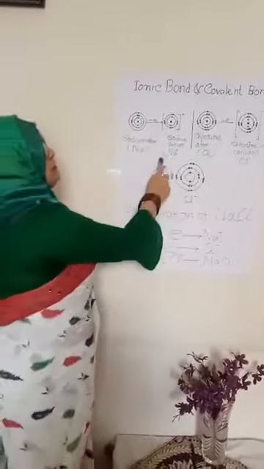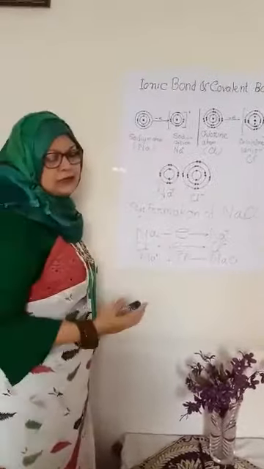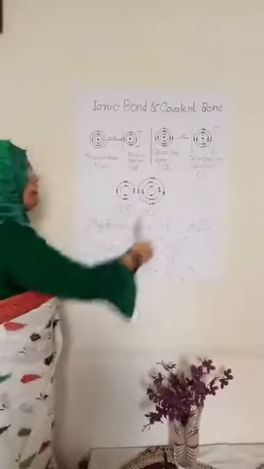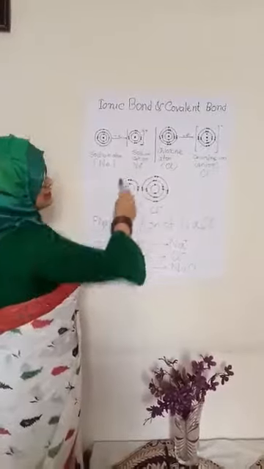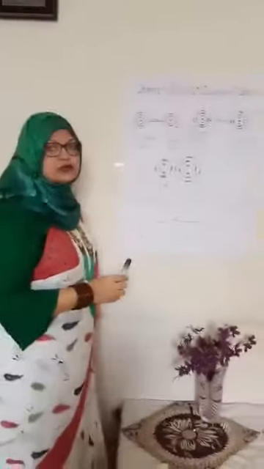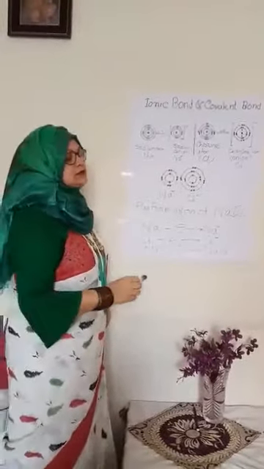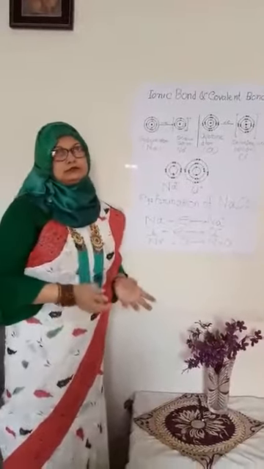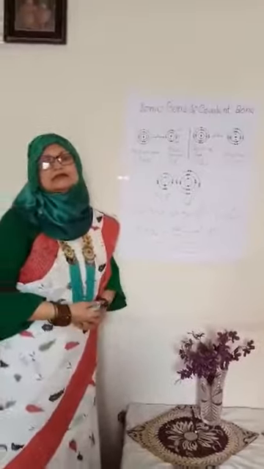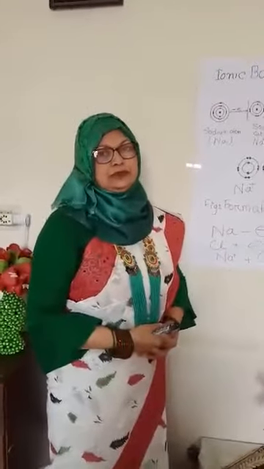Now, we know what is cation and what is anion. Another thing is, these are opposite charges. Cations gain positive charge and anions gain negative charge. We have already known that opposite charges have attraction between them.